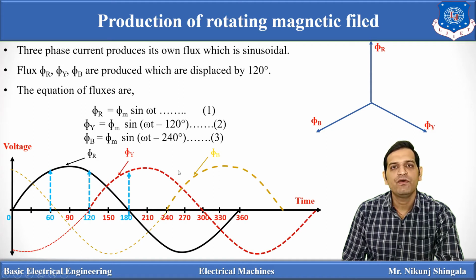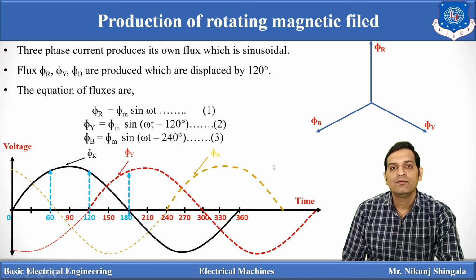And this is the waveform of phi R, phi Y and phi B with respect to time. So here you can say phi R is starting from origin 0, phi Y is starting 120 degree after phi R, and phi B is starting 240 degree after phi R. So these are the three equations and waveforms of the alternating flux produced in each phase.